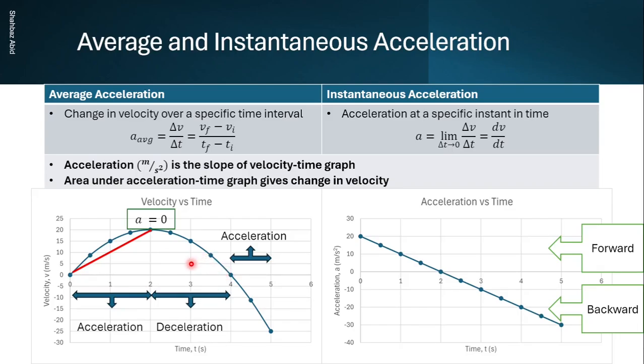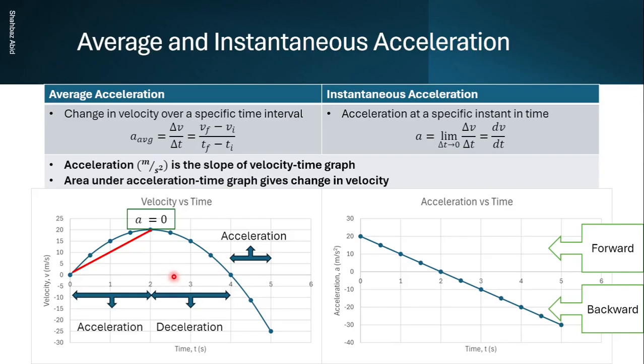Since it is above the x-axis and the slope turns out to be negative, the object is slowing down. So if the slope is negative, in other words, the acceleration is negative. So it means what? The acceleration is opposite to the movement.